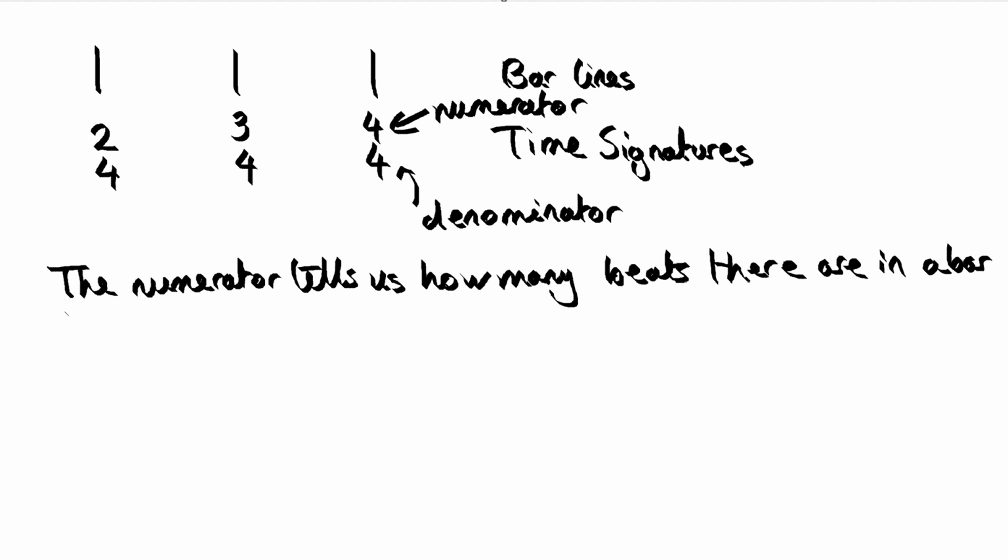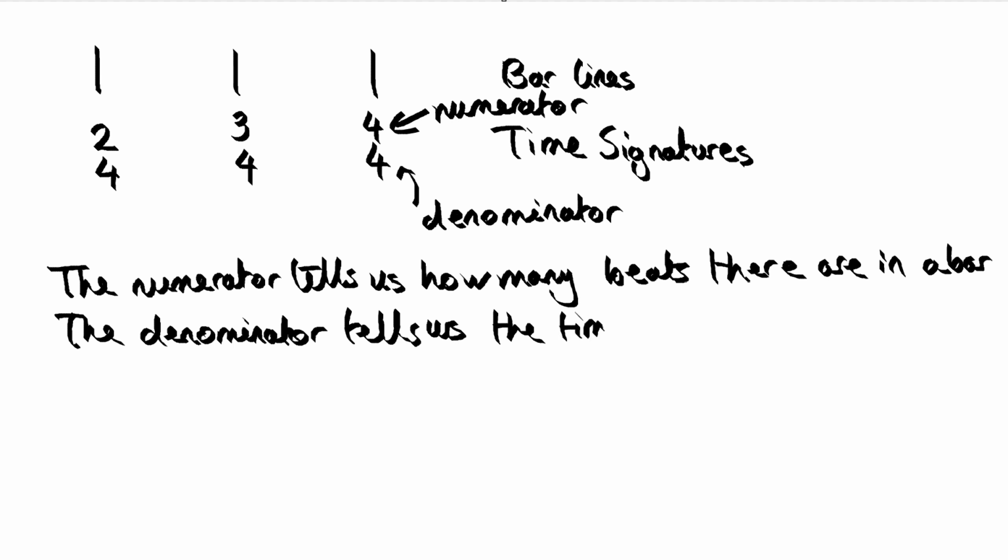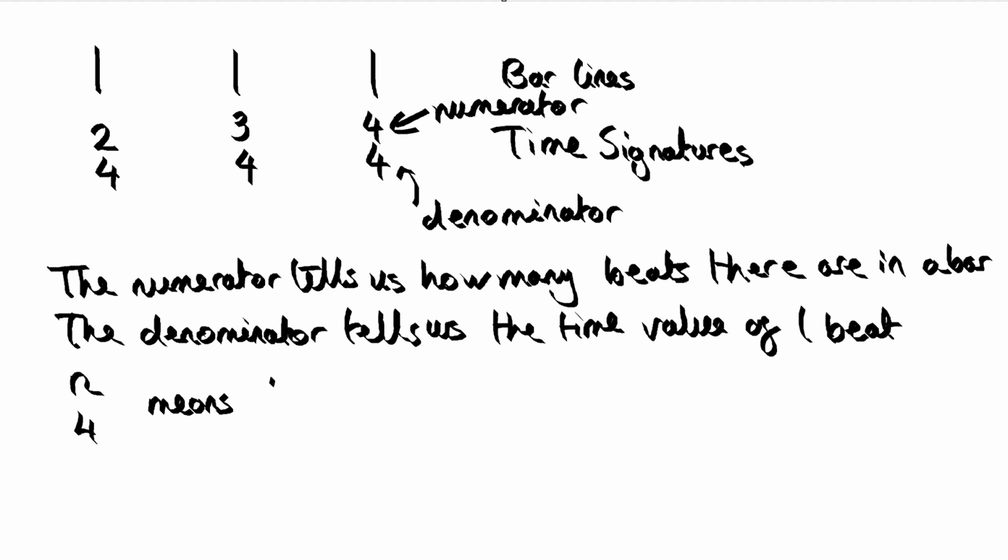The denominator tells us what kind of beat, what time value we should use as our 1 beat unit. A denominator of 4 means the beat unit is the quarter note, the crotchet.